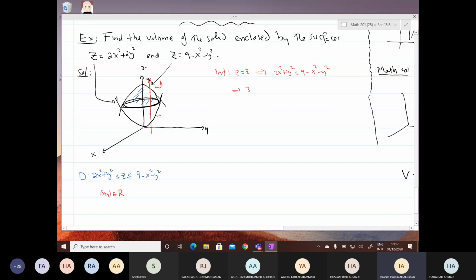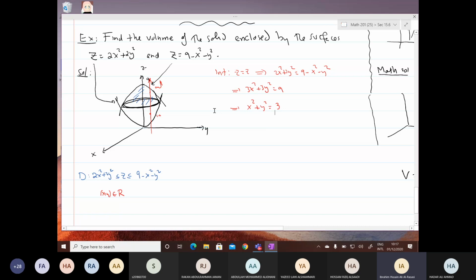And this implies 3x squared plus 3y squared equals 9. And hence, when you divide by 3, x squared plus y squared equals 3. So you have two paraboloids, and when I find the intersection, it will be a circle.